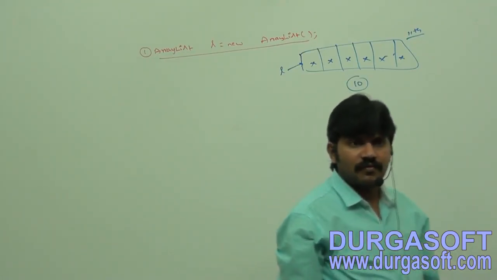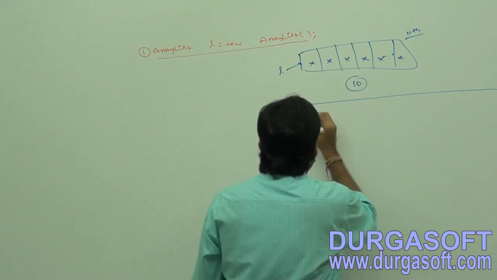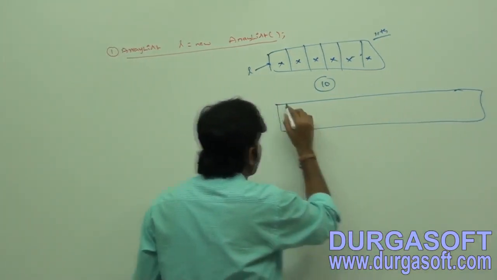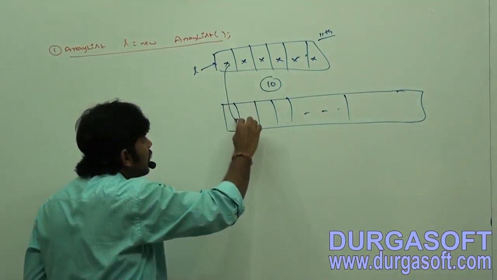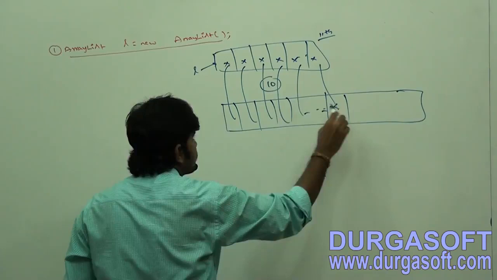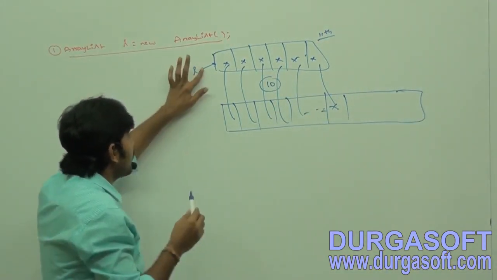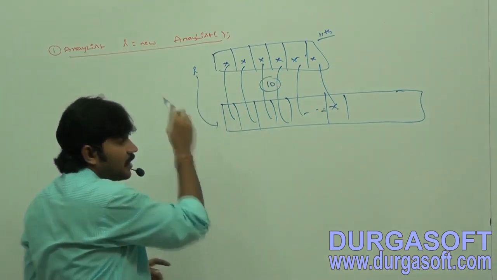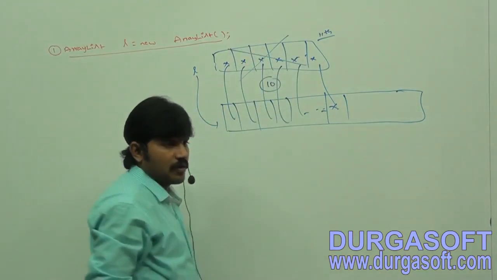Good. In the last class we covered this: a bigger ArrayList object is going to be created, and all these objects are copied. Then the reference variable is reassigned, and the old object becomes eligible for garbage collection.